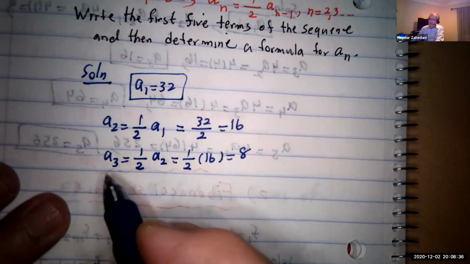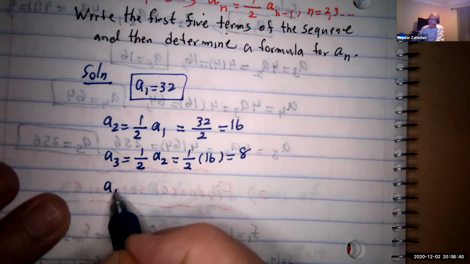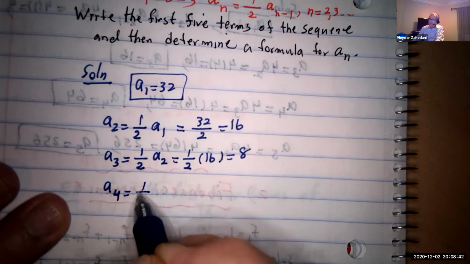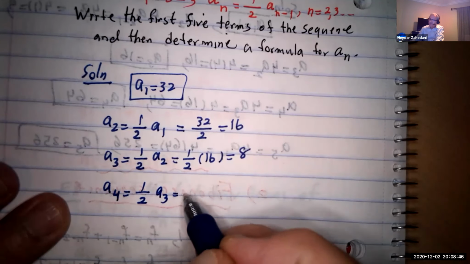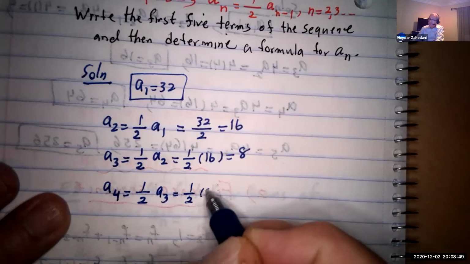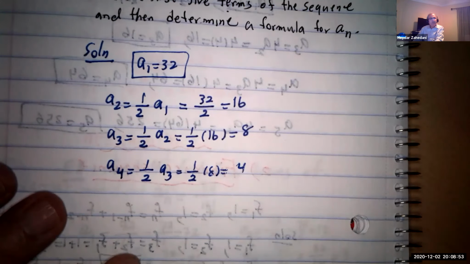Let's see what's the next one. a4 is going to be 1/2 of a3, so 1/2 of 8, which is 4. So we get 16, 8, 4.